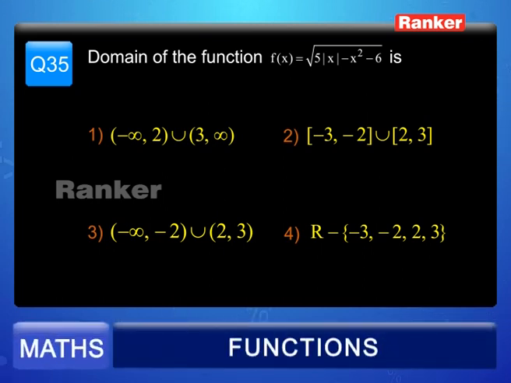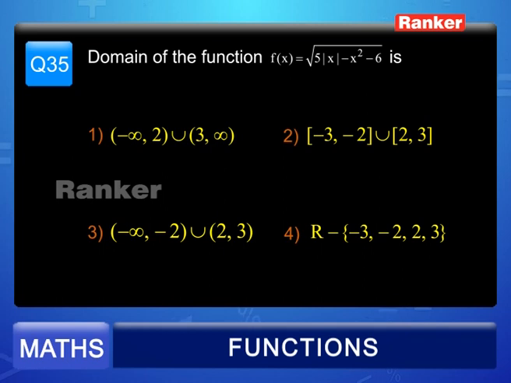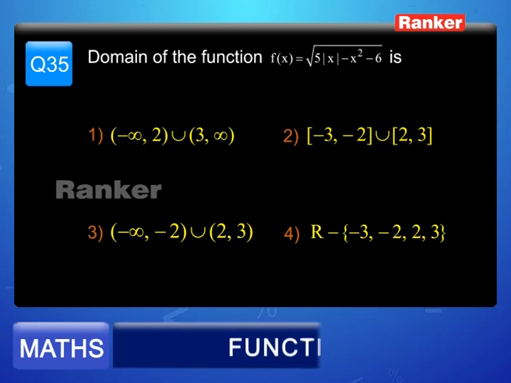The domain of the function f of x is equal to square root of 5 mod x minus x square minus 6 is required. Among the options, the first option is open interval minus infinity to 2 union open interval 3 to infinity. The second option is closed interval minus 3 to minus 2 union closed interval 2 to 3.